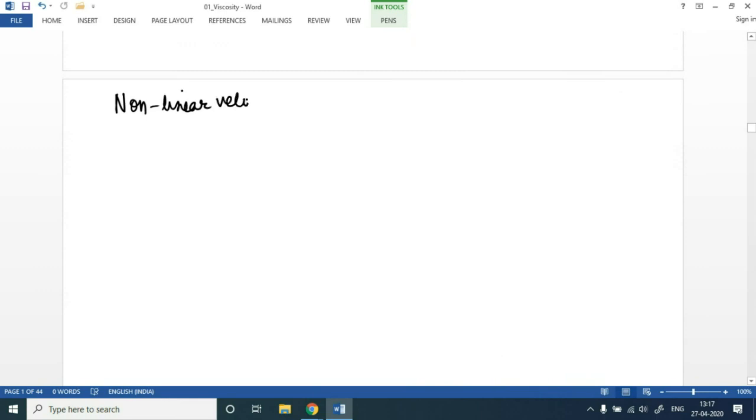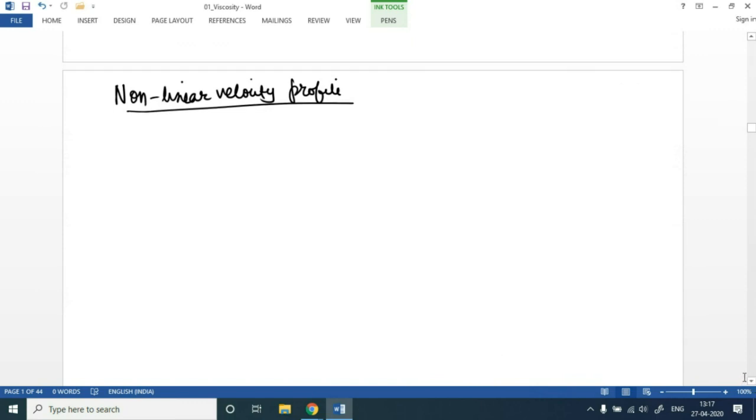And please realize all of these are basically a good approximation of the flow of a liquid inside a pipe or wherever. So this non-linear velocity profile we are going to discuss.